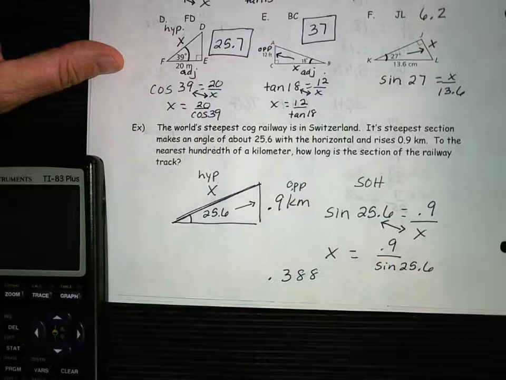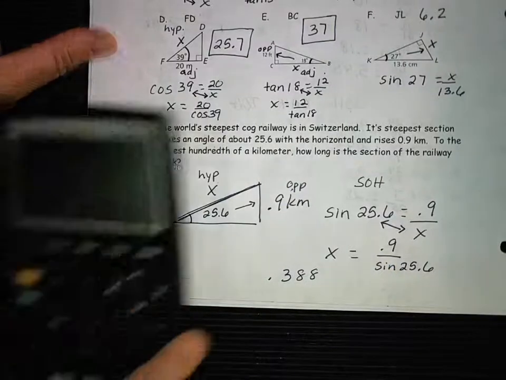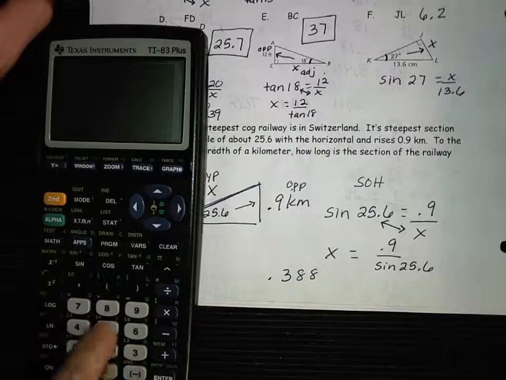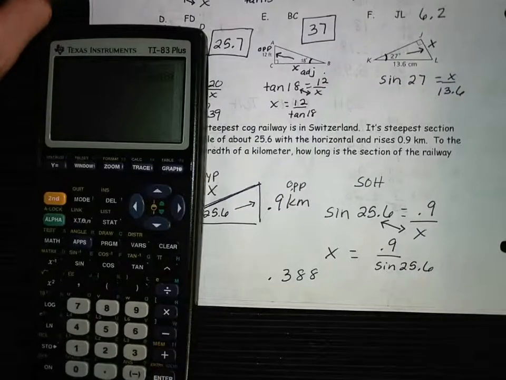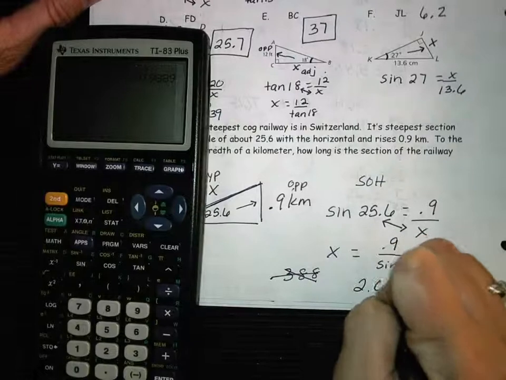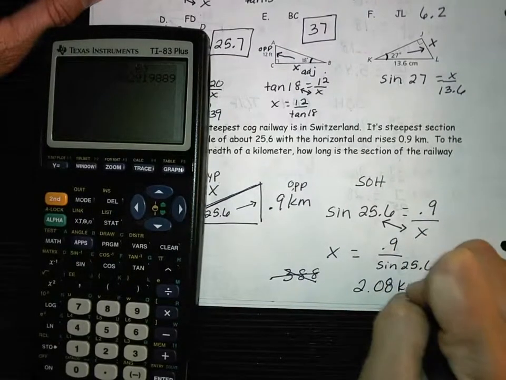We don't multiply that, sorry about that, we divide. 0.9 divided by sine of 25.6 looks a little better. The answer then ends up being 2.08 kilometers.